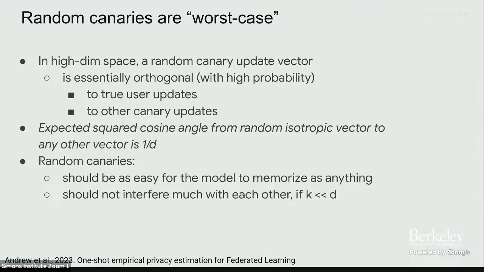Say, for instance, we need to use it at Google, and different teams are using this algorithm to train very different models on very different data domains. We don't need to sit down with every team and figure out what canaries we want to use for each and every single domain. We don't need to craft canaries for images versus speech versus text, and so on and so forth. This is just random vectors in high-dimensional space. It works beautifully for everything. And this is the intuition behind it, because they're nearly orthogonal in high-dimensional spaces.